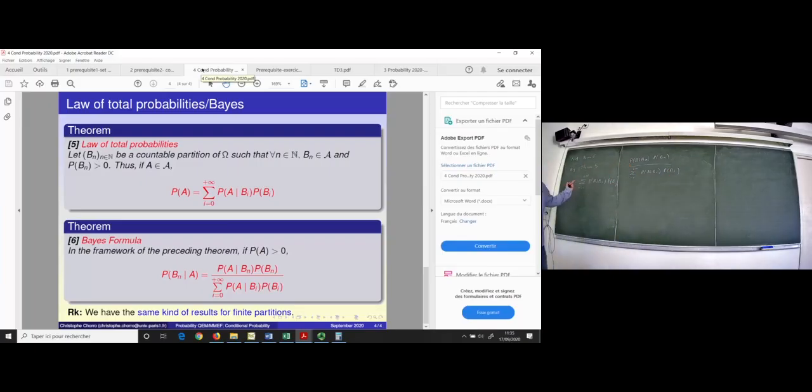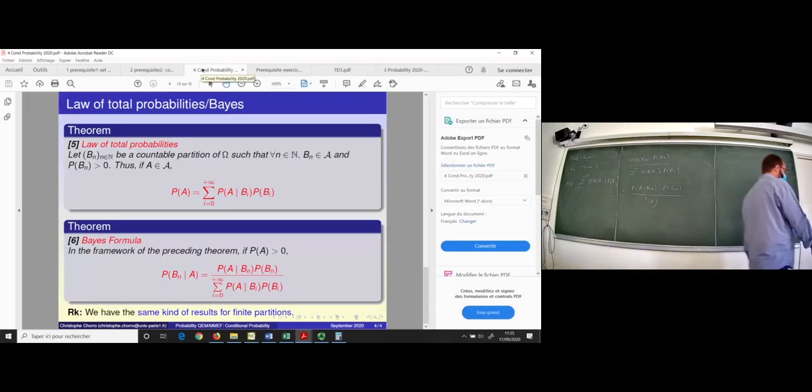From my previous remark, I know that the denominator is equal to P of A, from theorem 5.